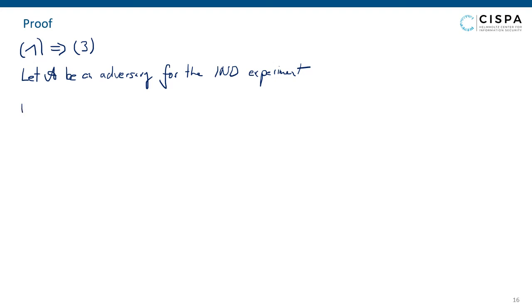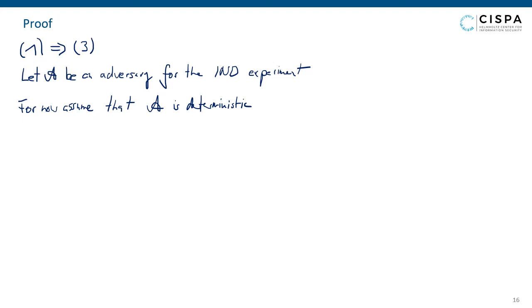For now, assume that this adversary A is deterministic. That is, it doesn't make any random choices.